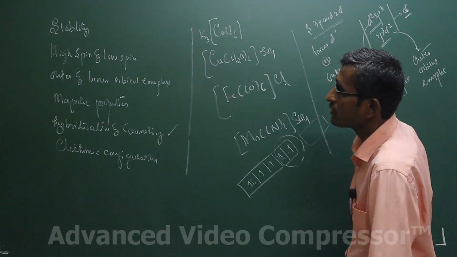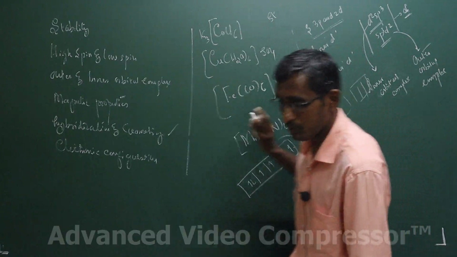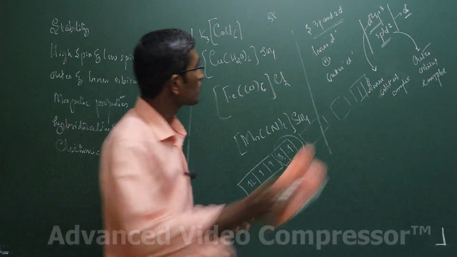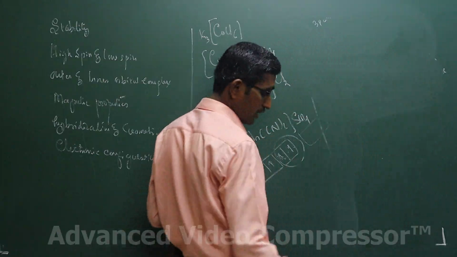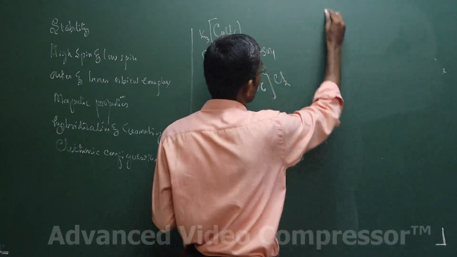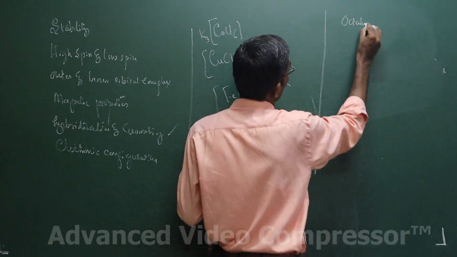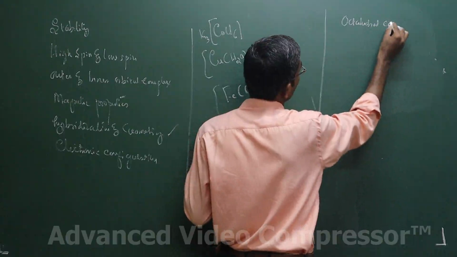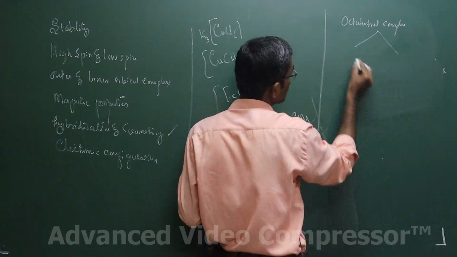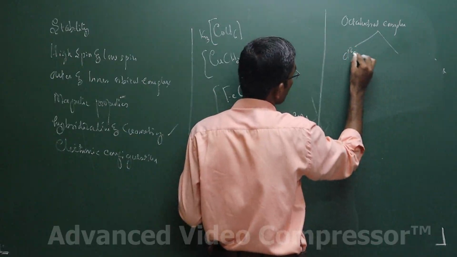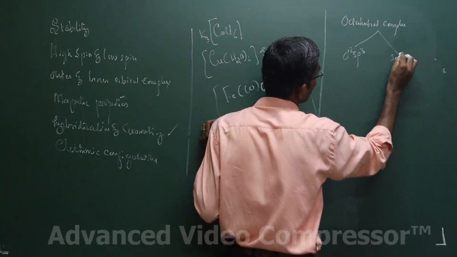In other words, if there is a strong ligand complex, make a note of it, students. If it is an octahedral complex, two possibilities are there. One is d2sp3, another one is sp3d2.